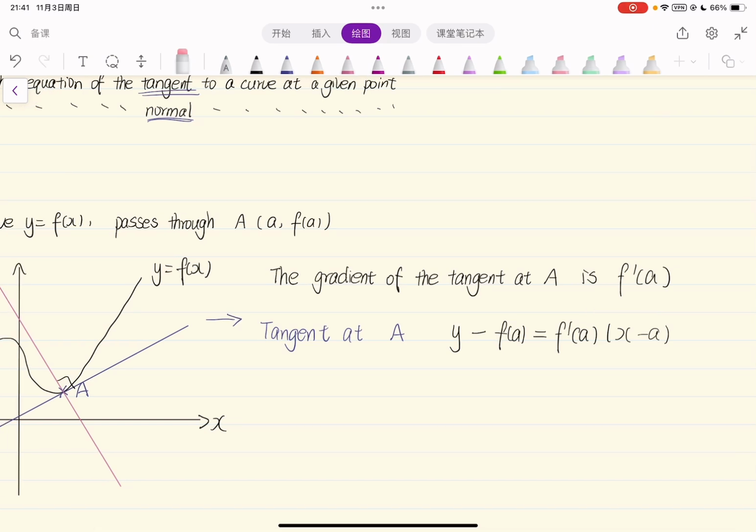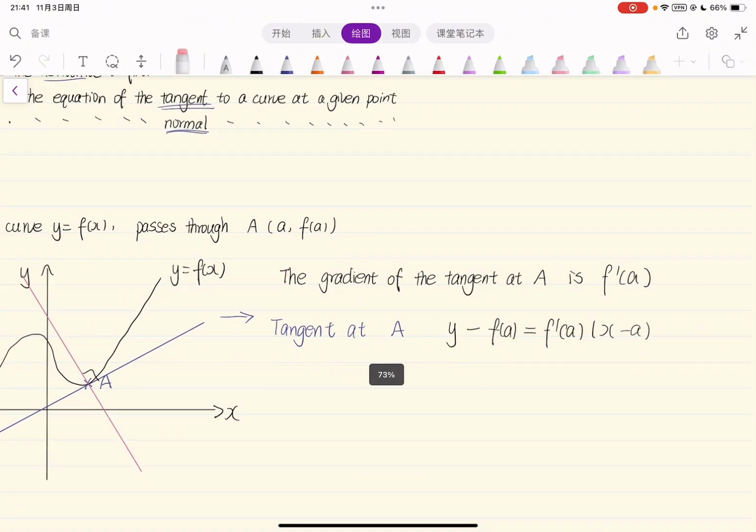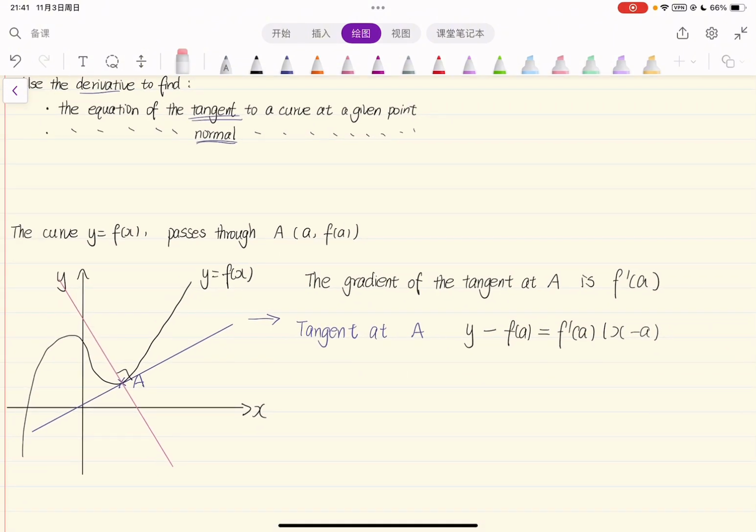Well, recall that the product of the gradient of the tangent and the gradient of the normal equals -1.